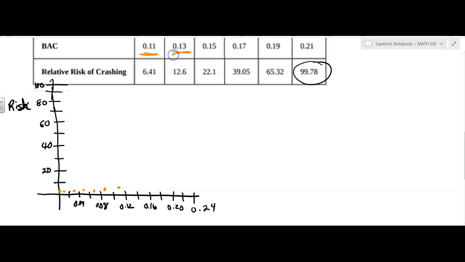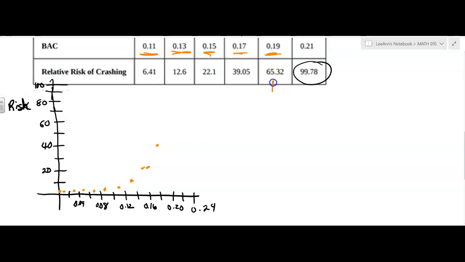And we have this one, and that's going to be maybe there. And then this point, 0.15, is 22. So now we see some growth happening. Oh, it should be over a little bit this way. 0.17, it's going to be right there, and we're going up to 39, so almost to the 40.